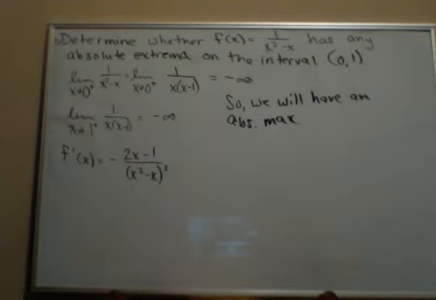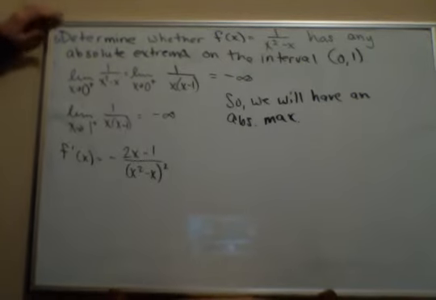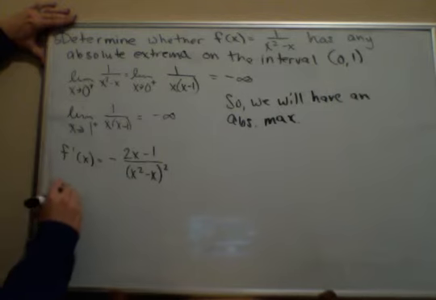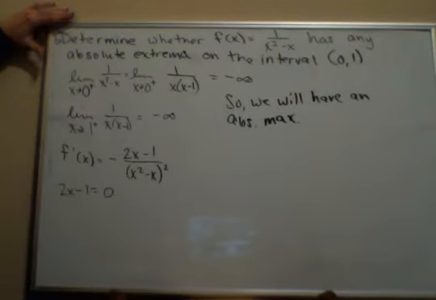Okay. All right, so what we need to do is set the top and bottom here equal to 0. So we're going to have 2x minus 1 equals 0.